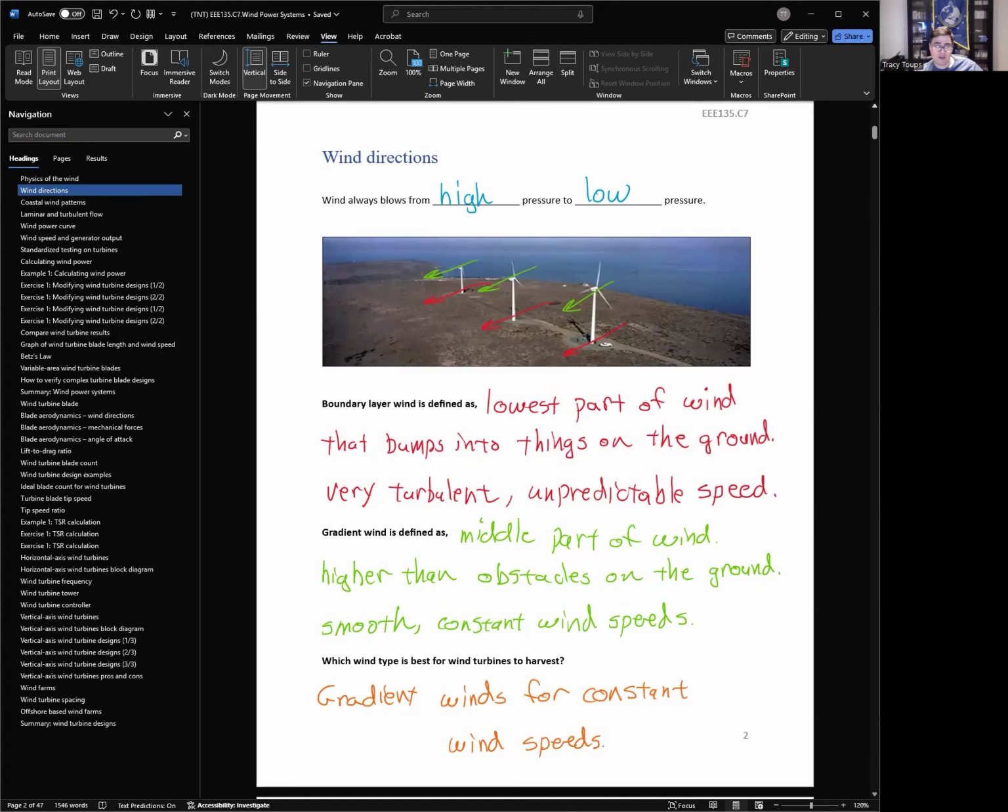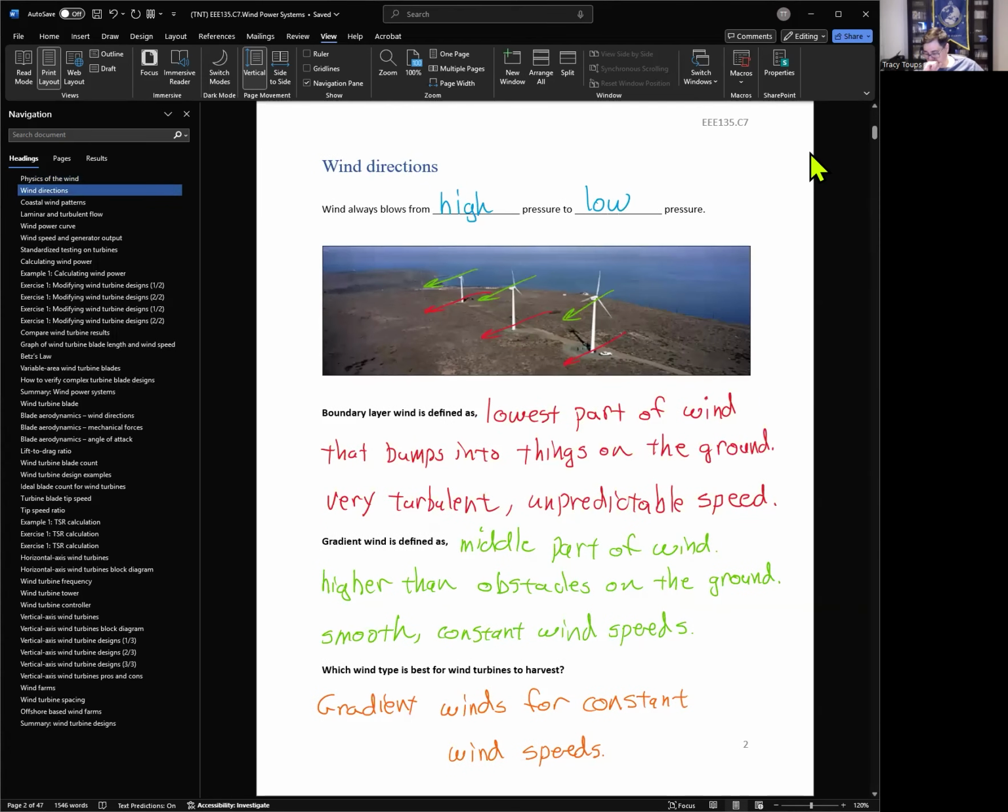Now, talking about wind direction, wind always blows from high pressure to low pressure. We've talked about that plenty of times. But there are different layers of wind. You might have something called boundary layer wind, which is the lowest part of your wind front. It's typically what you feel on the ground, and it's the wind that skirts the Earth's crust.